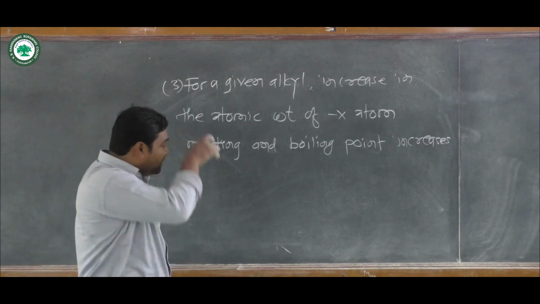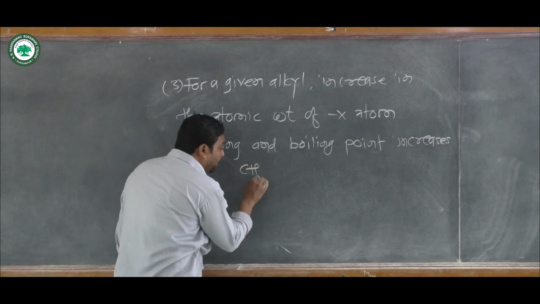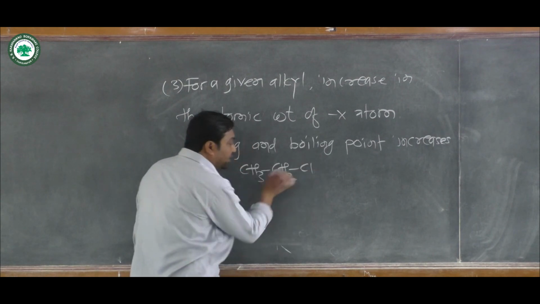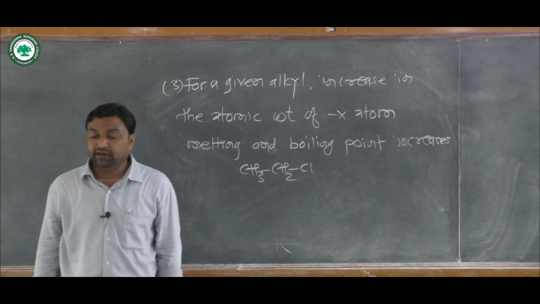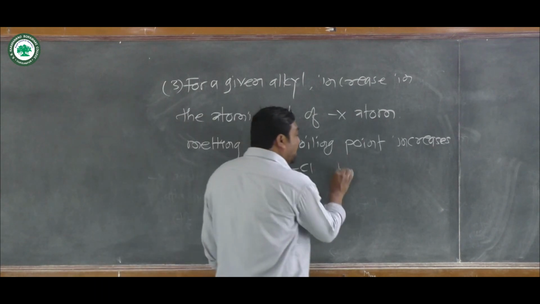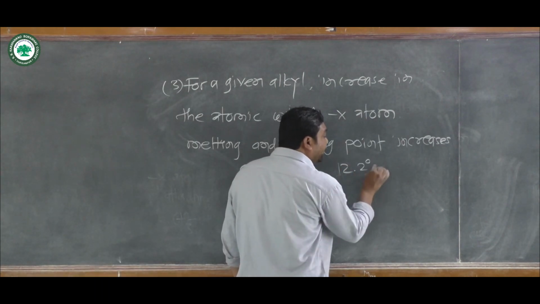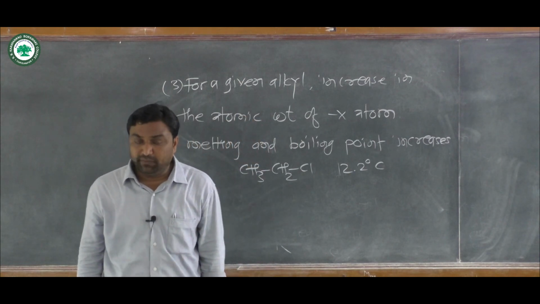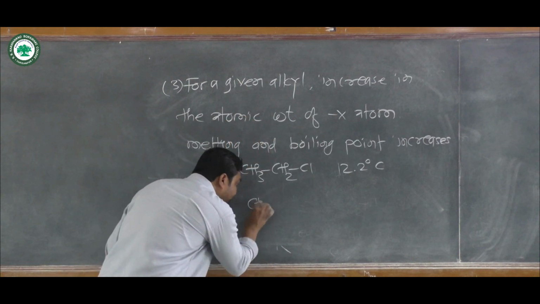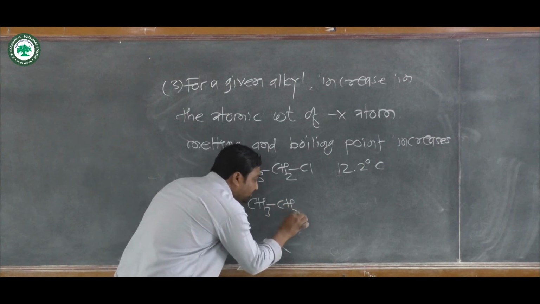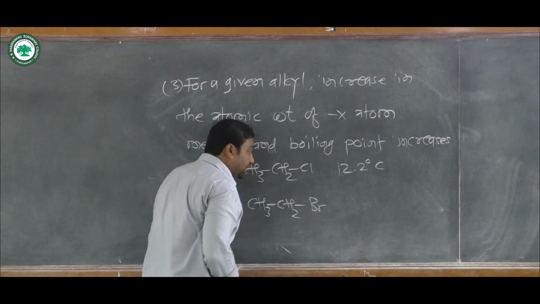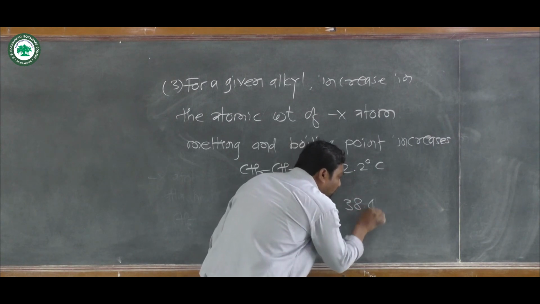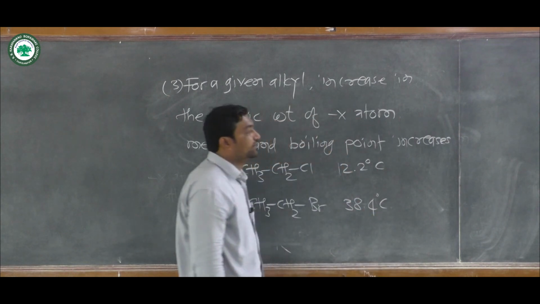Now the boiling point of ethyl chloride is 12.2 degree Celsius, whereas the boiling point of ethyl bromide is 38.4 degree Celsius.